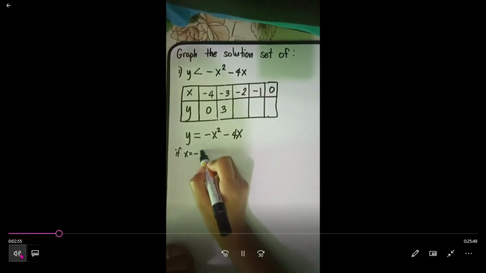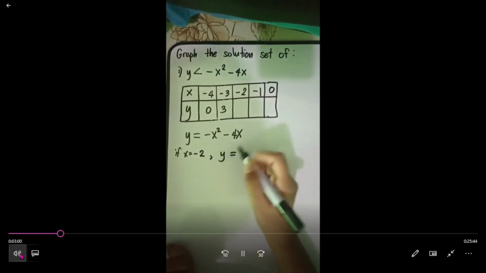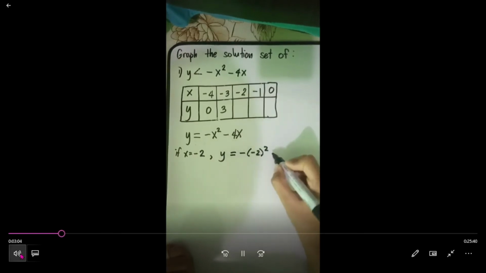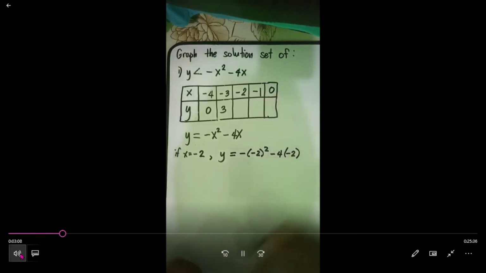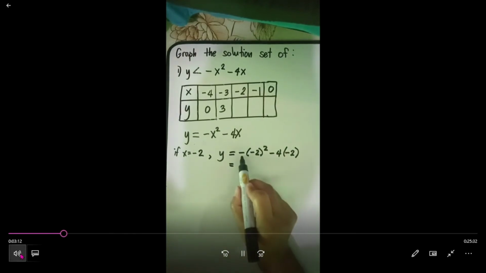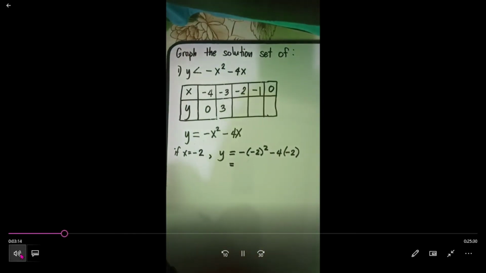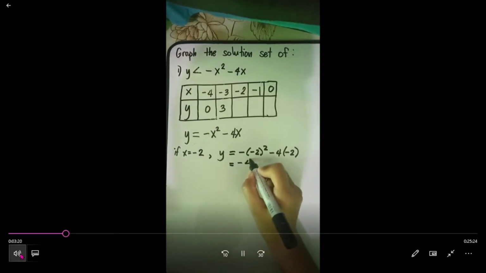Okay, next, let us have x equal to negative 2. Therefore, y is equal to negative of negative 2 squared minus 4 times negative 2. Negative times negative 2 squared, we have negative 4.